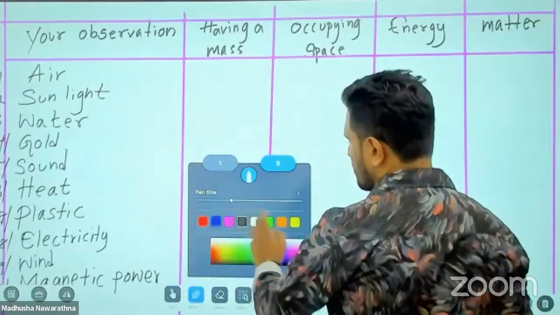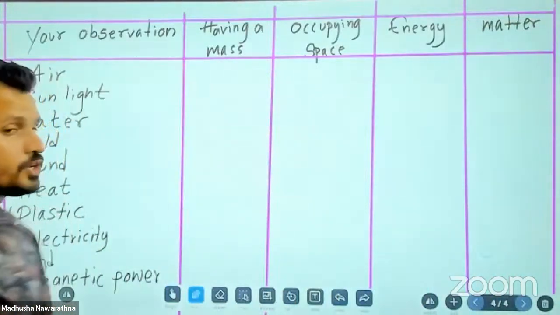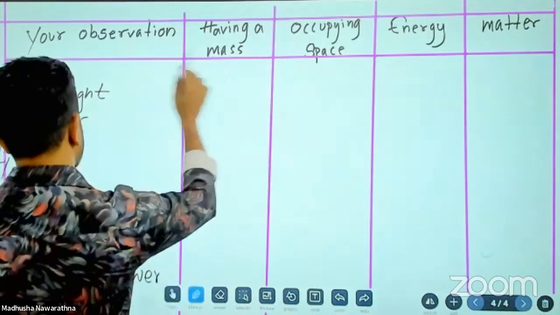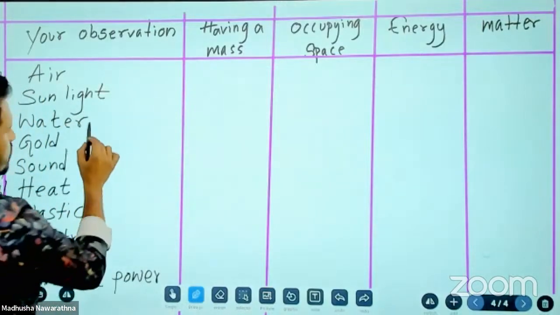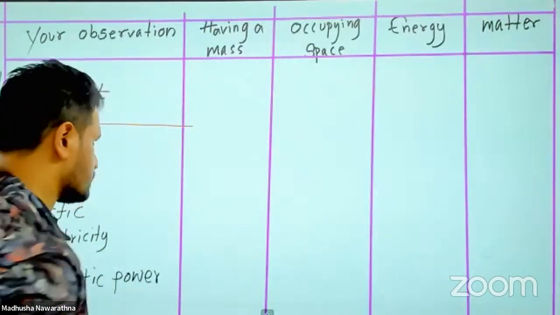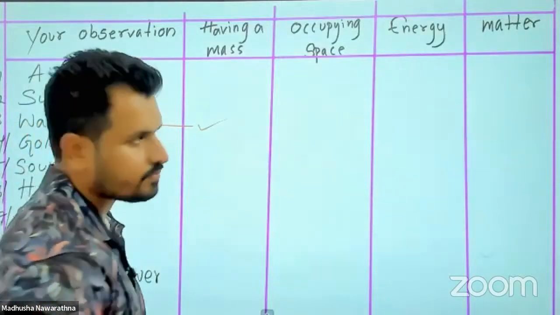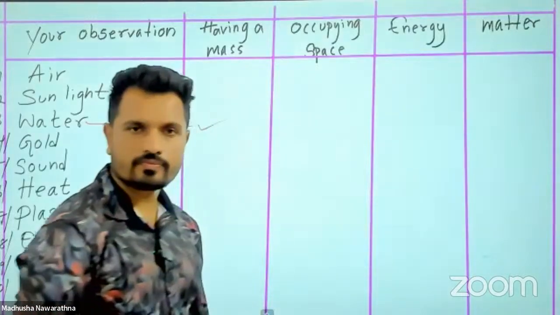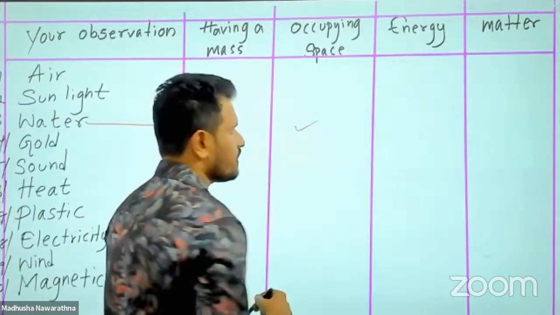After you copy this, you need to put true or false. You need to check whether each one has a mass or not. Let me take water. Does water have a mass? Yes. Does water occupy space? Yes, definitely.